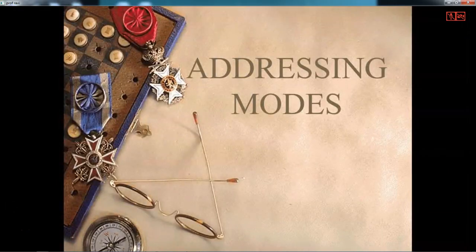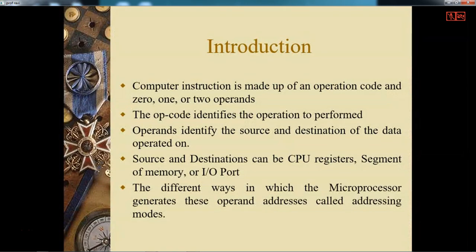So I'll try to take an example, and with the example I'll try to explain the addressing modes. A computer instruction is made up of an operation code and operands. The opcode identifies the operation to perform.